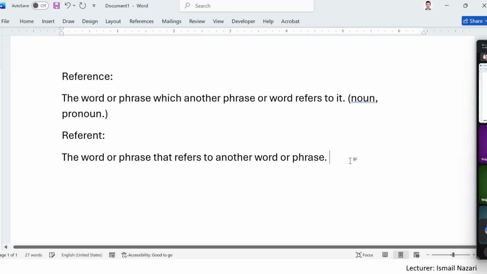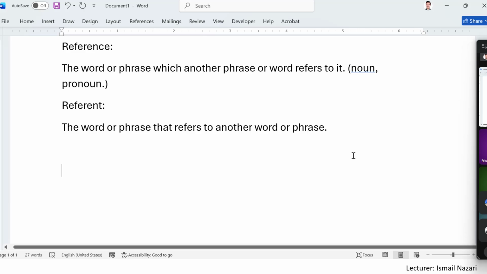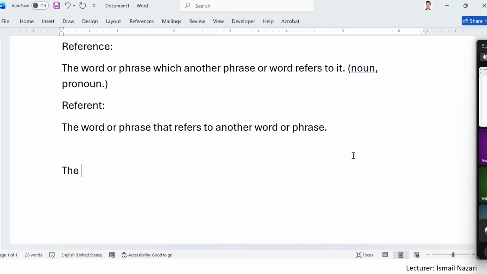Let's see how. Think I may have a sentence. The sentence is, the company hired new employees. New employees. They are technical experts.